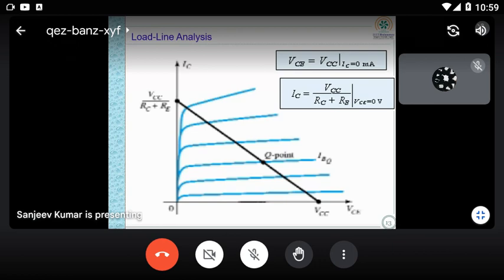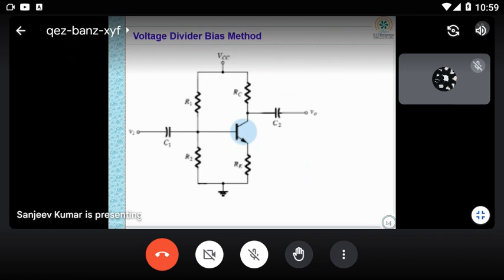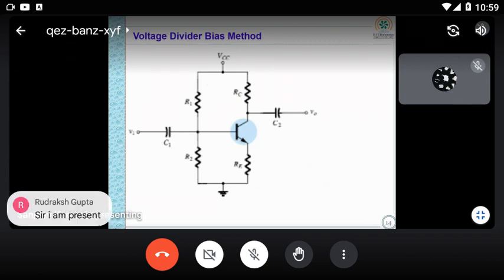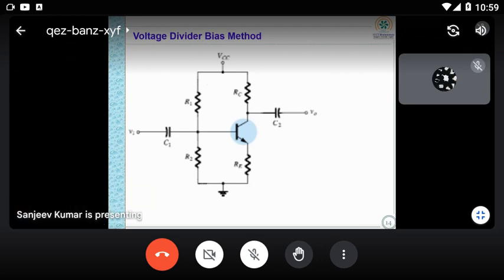Okay. Now another method is the voltage divider biasing method. Earlier you saw your VCC connected through RB. Here you can see the input voltage is connected using two resistors, R1 and R2.